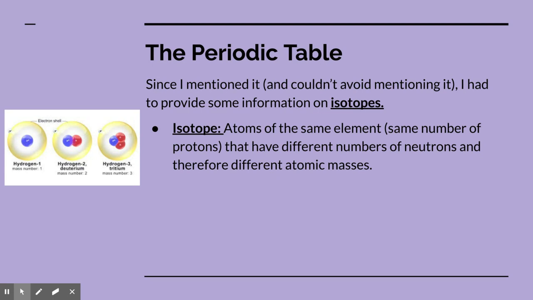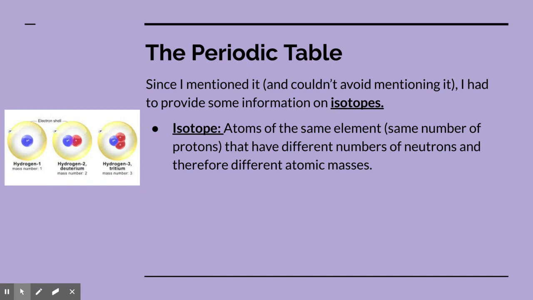So isotopes are different kinds of a particular element. For the most part, you can take away and you can add neutrons, but it's not going to change the type of atom you have, because you still have the same number of protons.